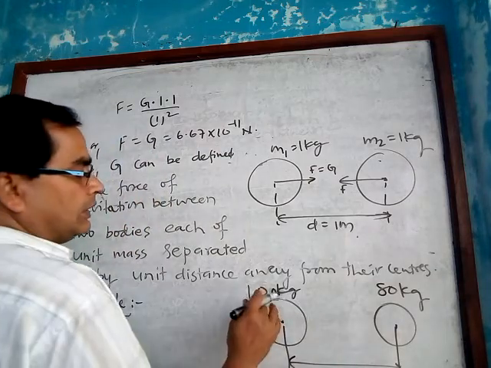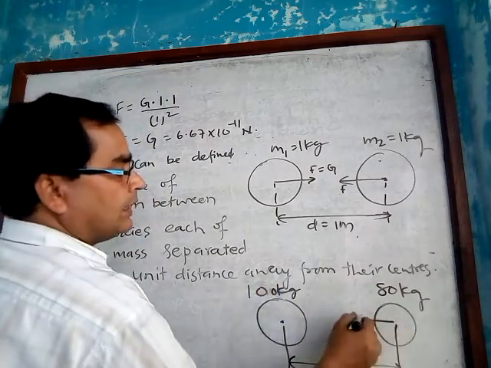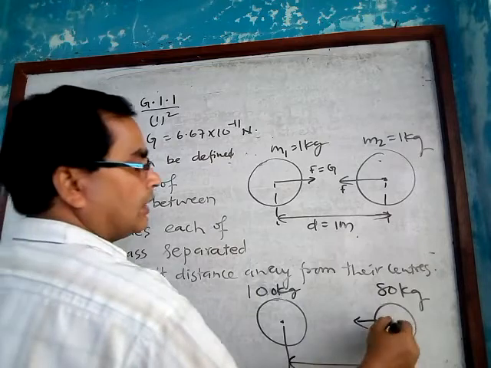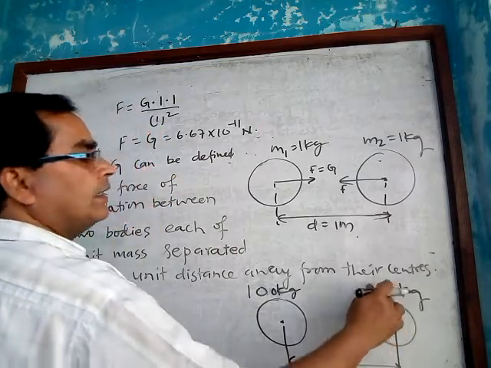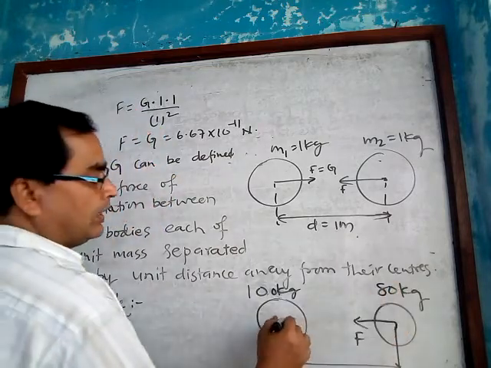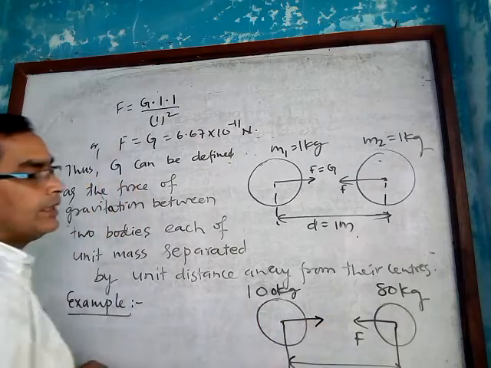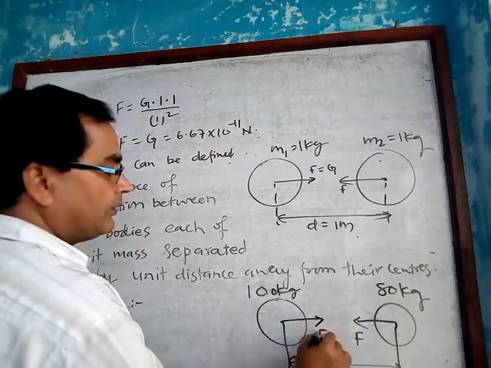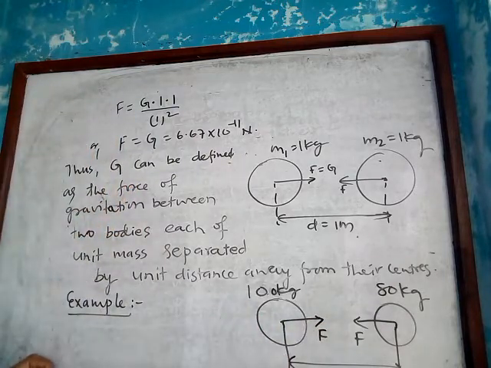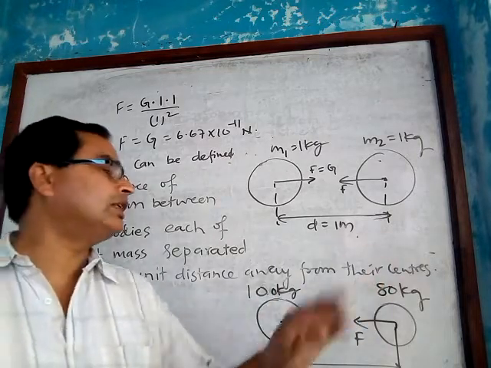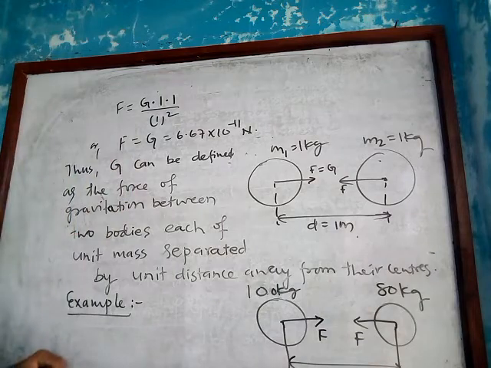Now this 100 kg is pulling this by force F, and this 80 kg is also pulling the 100 kg mass by force F. And how will we calculate the force between these two masses?